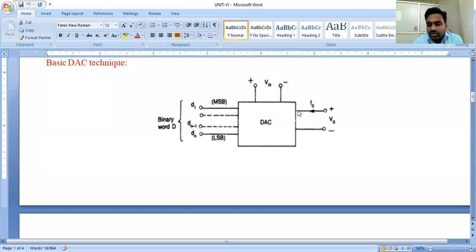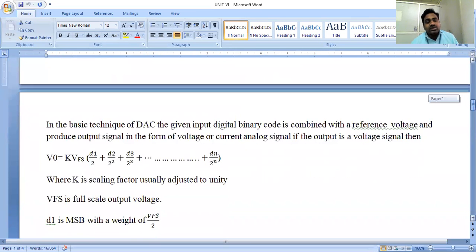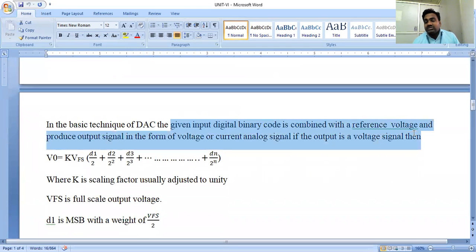So how does that happen? The basic technique of digital to analog conversion is that the binary code is combined with a reference voltage, and that produces the output signal in the form of an analog voltage or an analog current.